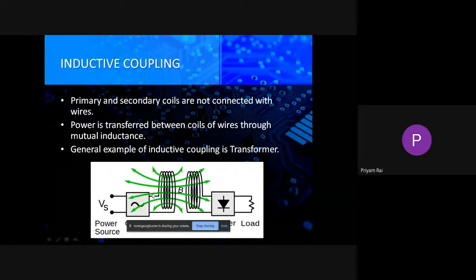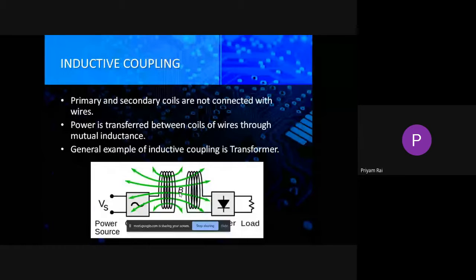This is the block diagram of inductive coupling. The left side of this diagram is the transmitter coil or primary coil, and the right side is a receiver coil or secondary coil, and they together form a transformer.